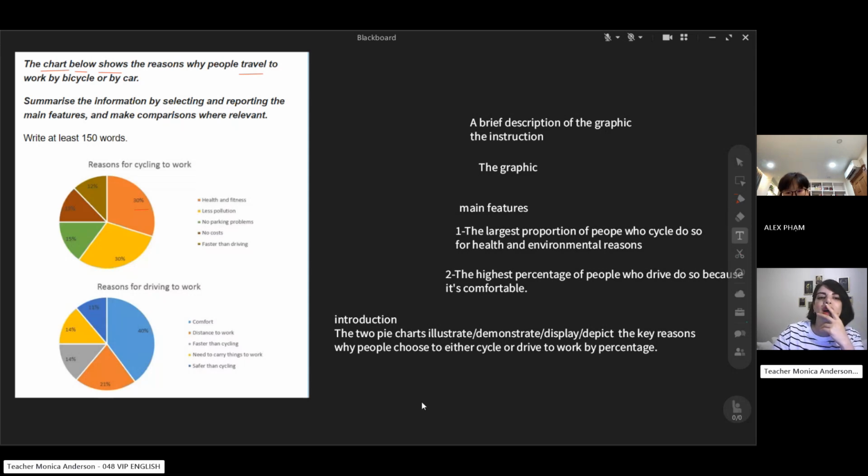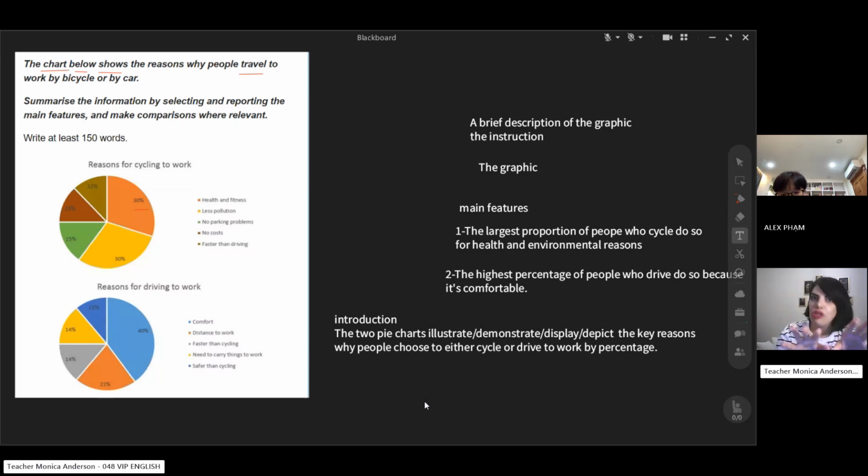And the second paragraph, that is our overview. So it's time to write it. So how to write? As we discussed, we need our main features. Yes, the largest, number one, number two. And we need to see if we have any other similarities.